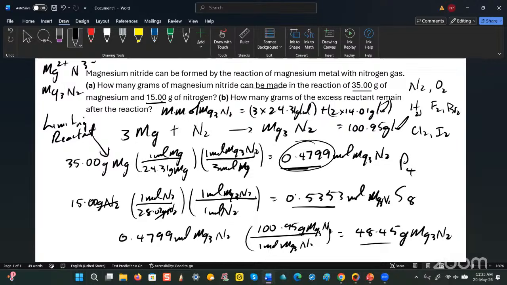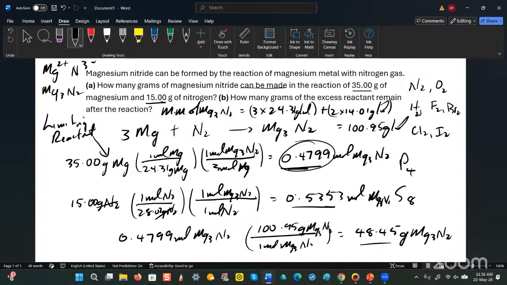Okay, any questions about this one? Okay, so that's basically how you answer the A part. Now the B part is asking how many grams of the excess reactant remain after the reaction. We know the limiting reactant is the magnesium. So the question is asking how much of the other reactant remains after the reaction is completed.